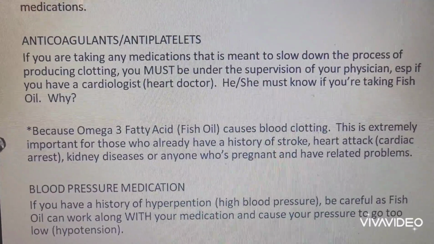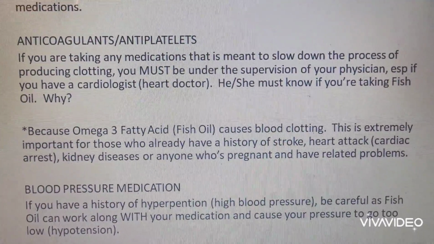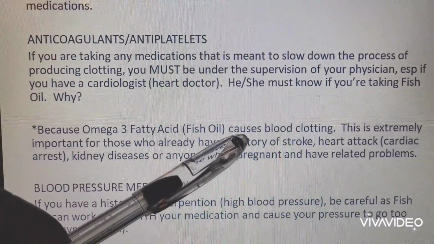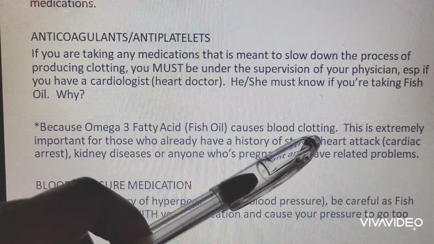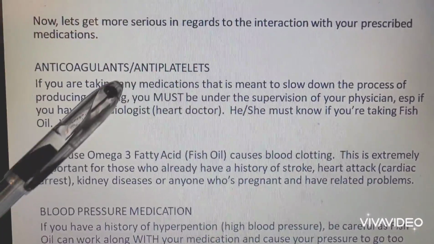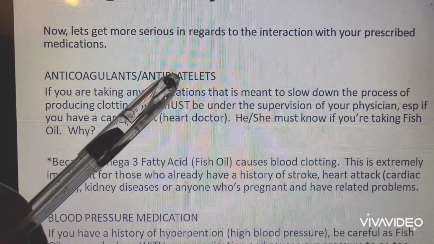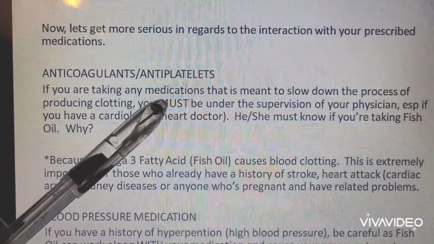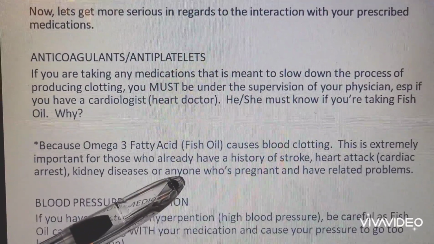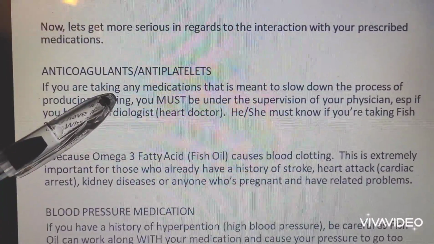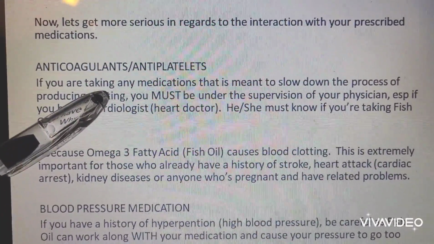Because omega-3 fatty acid fish oil causes blood clotting. So if you're taking this to prevent blood clotting, taking fish oil can be counterproductive to these medications.